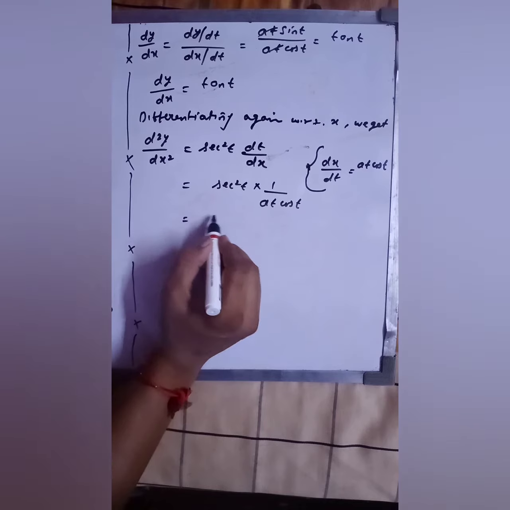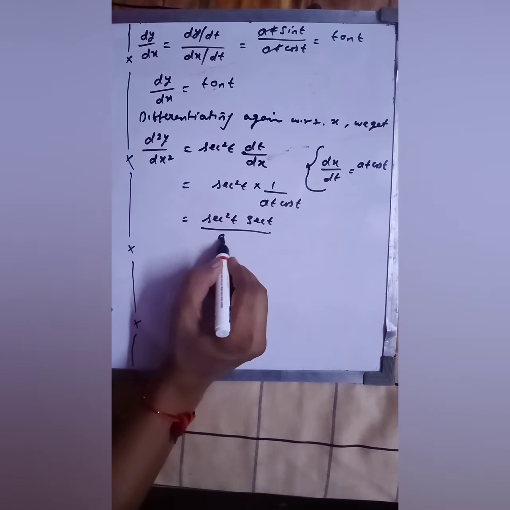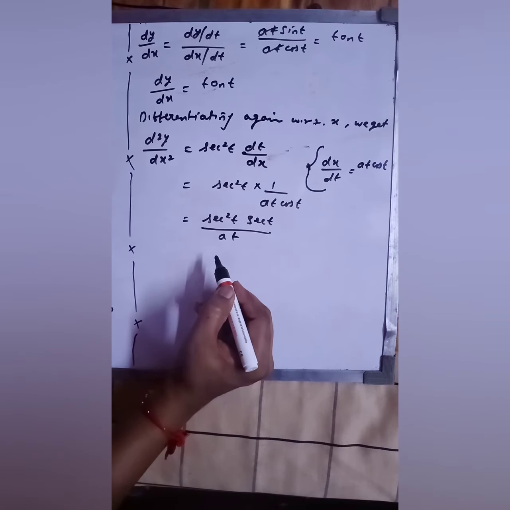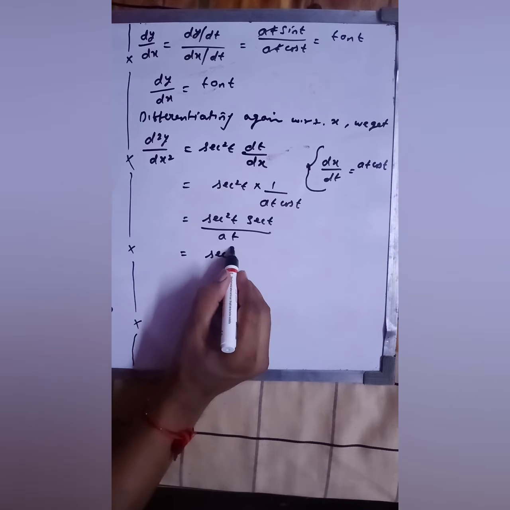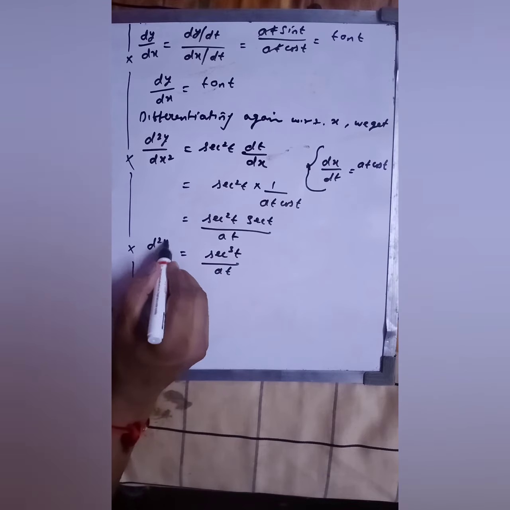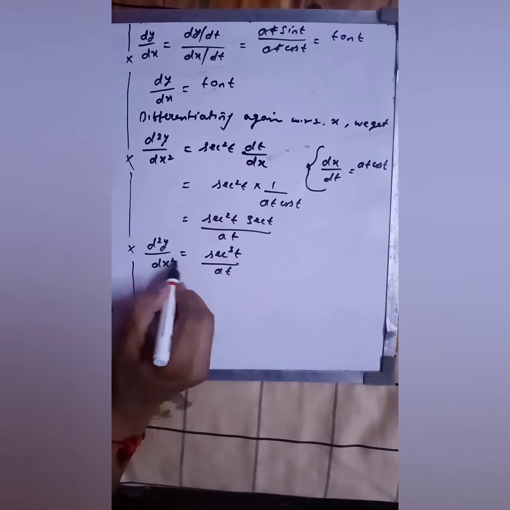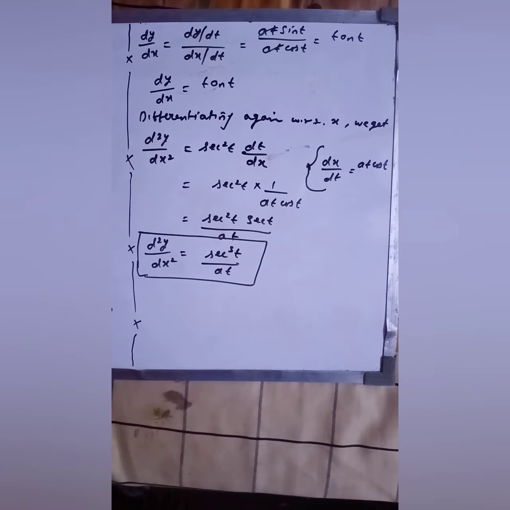So here you will get 1 by cos, which will be sec t, over a t. Fine. And finally you will get sec cube t over a t, this is your double derivative, and this is what you had to find out. Okay, this is how we can solve this question.